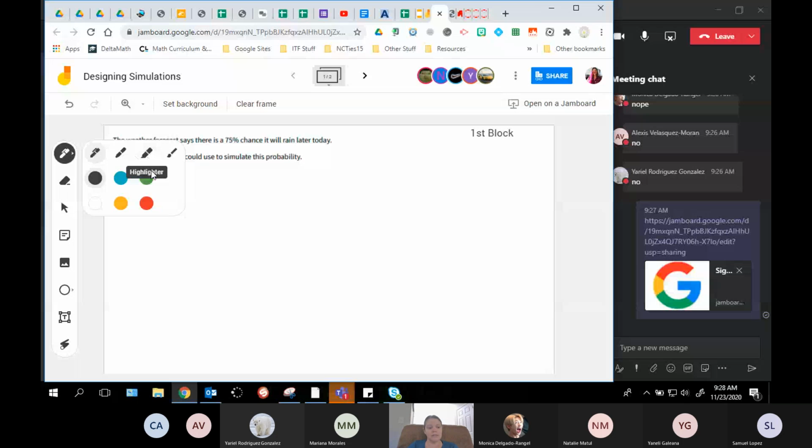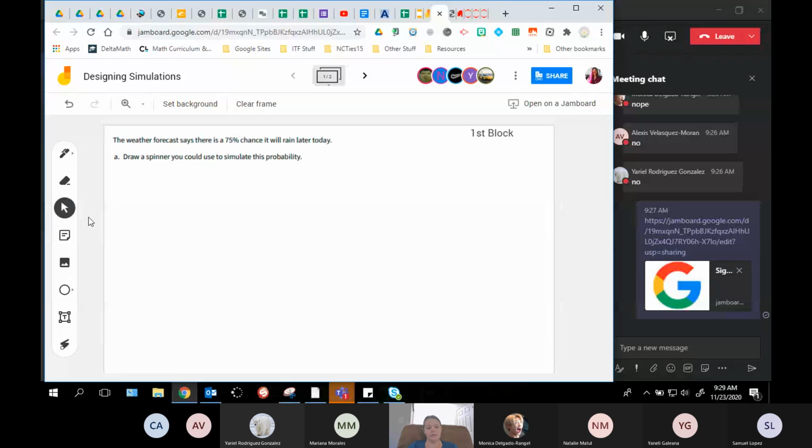So the question says, the weather forecast says there is a 75% chance it will rain later today. Draw a spinner you could use to simulate this probability. So what I want you to do is create a spinner that shows a 75% chance of rain.